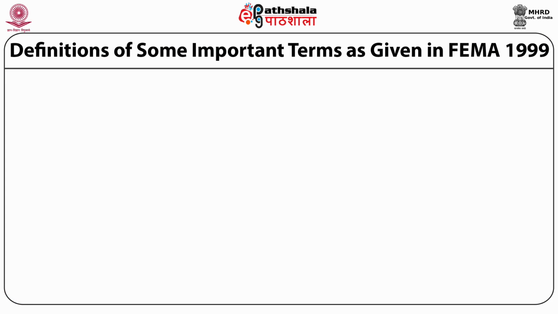Let us discuss some definitions of the important terms which are given in the Foreign Exchange Management Act 1999. In this act, unless the context otherwise requires, first is adjudicating authority.